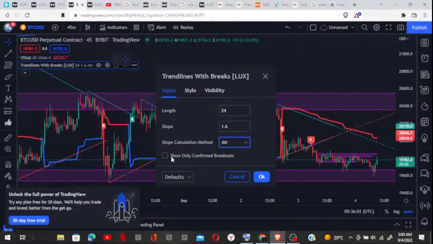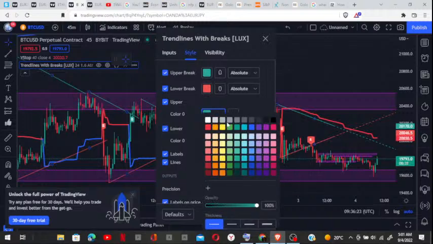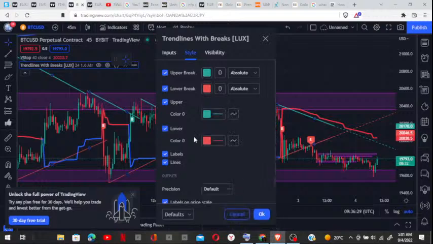One thing about these trend lines with breaks is that if you want to use it to confirm breakouts, whether a breakout is real or a false breakout, this will help you. It will also help you know when there will be a breakout. So let me increase the width of the lines.